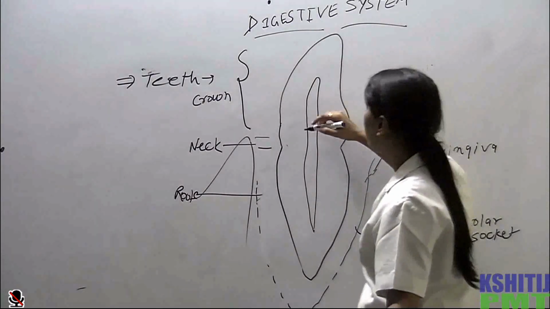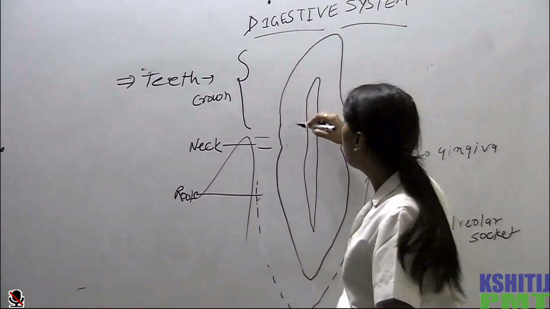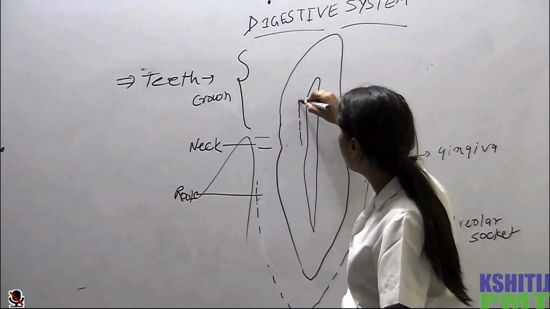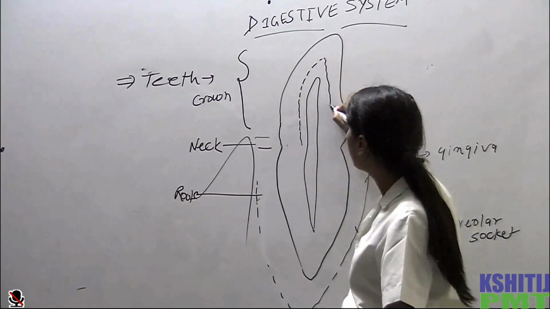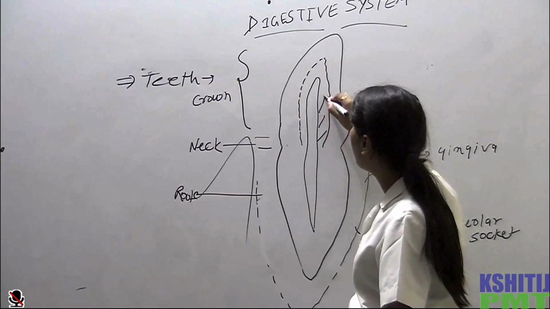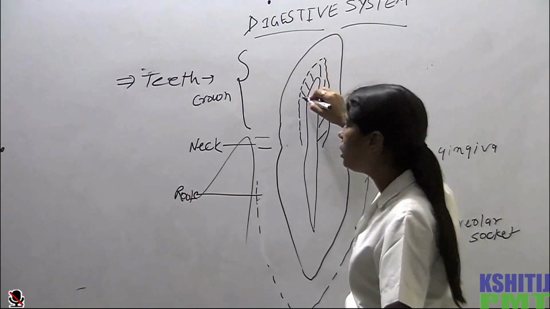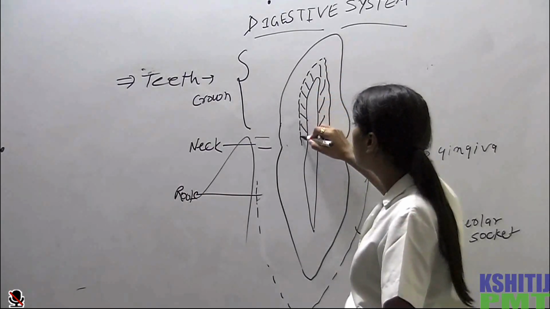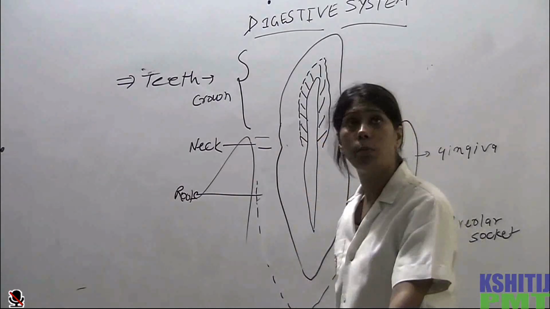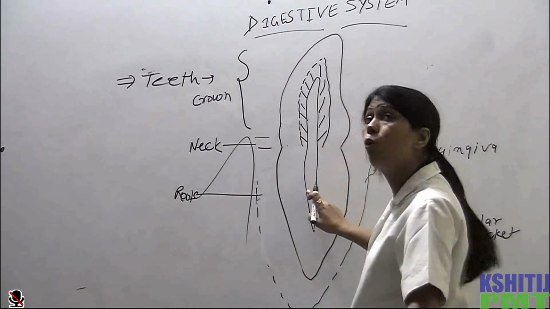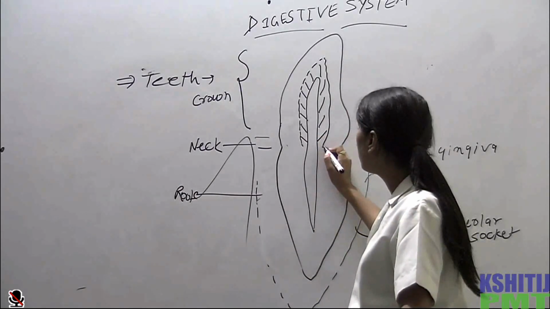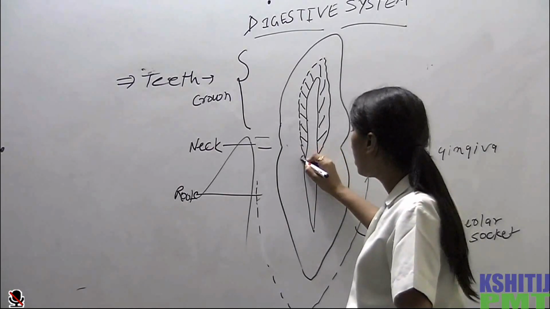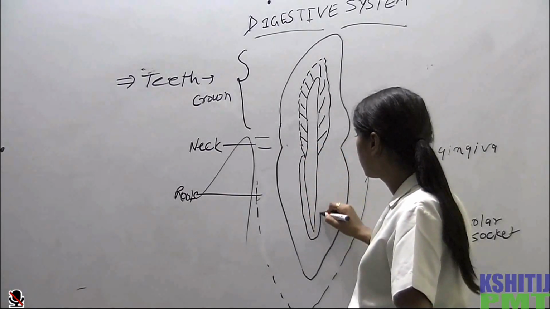Now above the pulp we have dentin, which is only present in crown part. But in root part, instead of enamel, we have cementum.